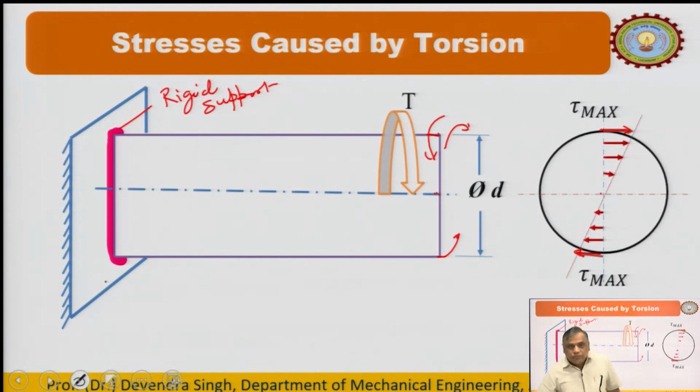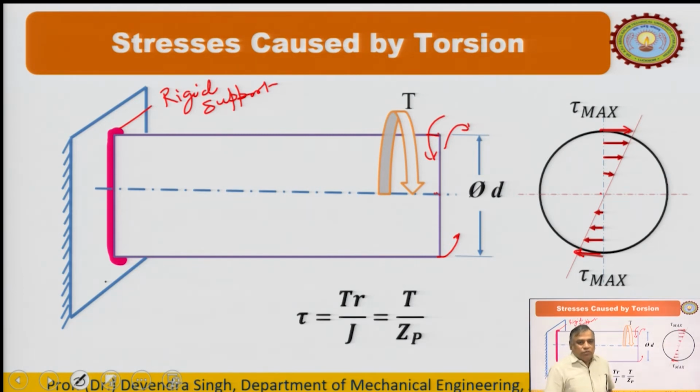This is the stress distribution due to the torque, and the formula for the shear stress due to the torque is T r upon J, and J upon r is nothing but the polar section modulus.